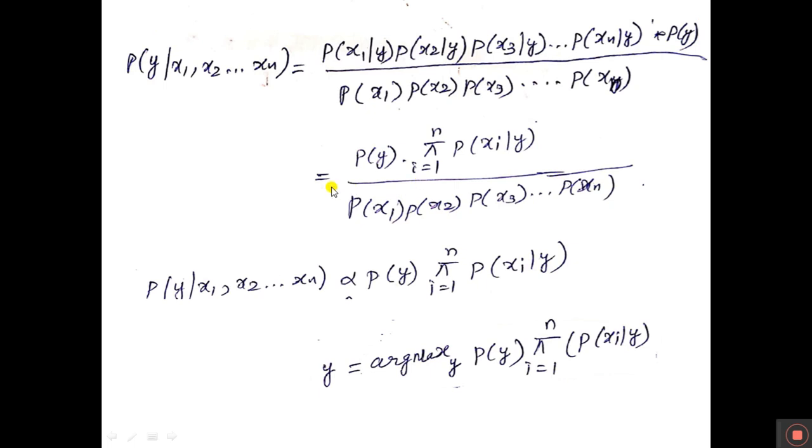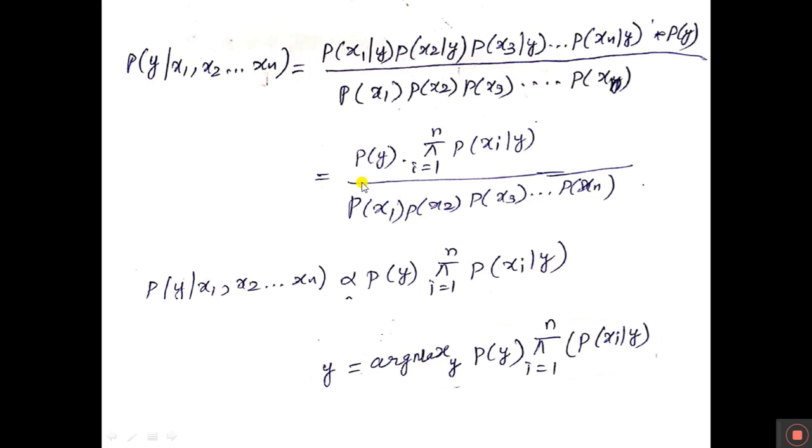Anyway, this denominator value is common. It is constant for every record. So I am going to reject that part. Now I can write the expression as the probability of y given the input is proportional to P of y multiplied by the product for i equal to 1 to n of probability of xi given y.